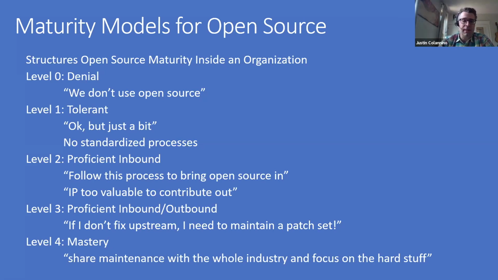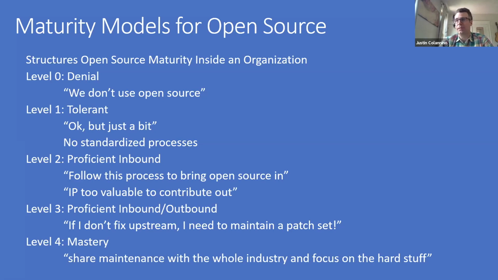Level 3 is the provision inbound process. I think this is how most for-profit organizations find their way to open source. And that is that, okay, we have a process for using open source software. There's really not that much risk to it, actually, now that we've looked at these licenses a little bit more.